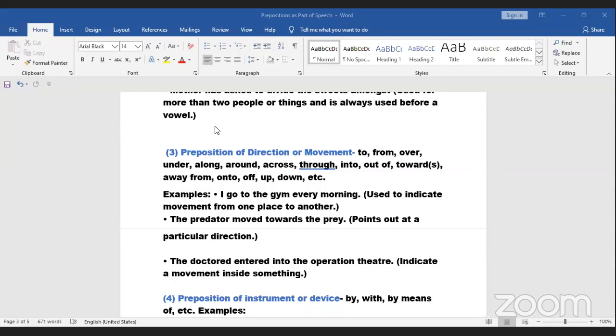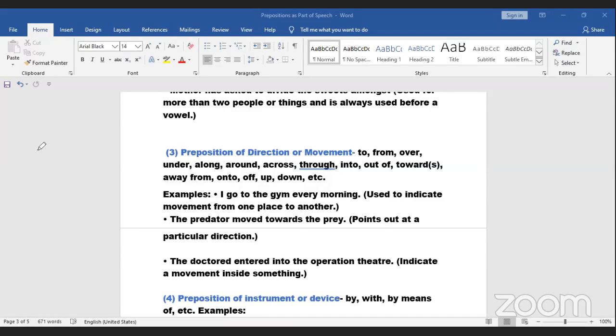Now again, the difference between in and into.